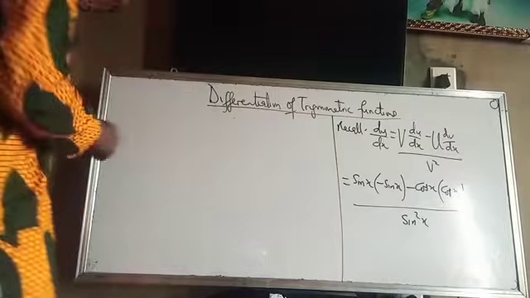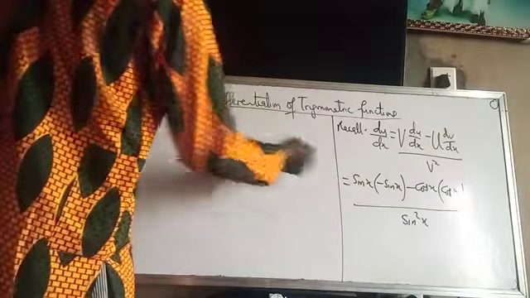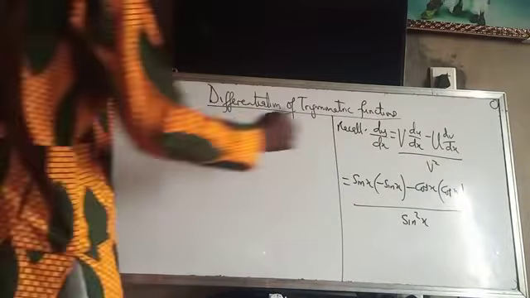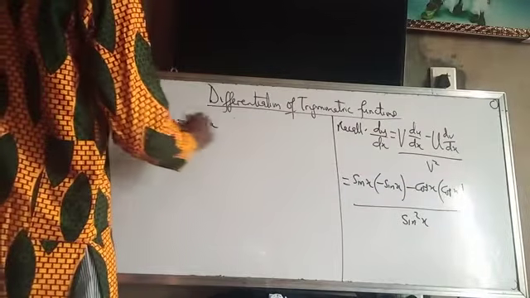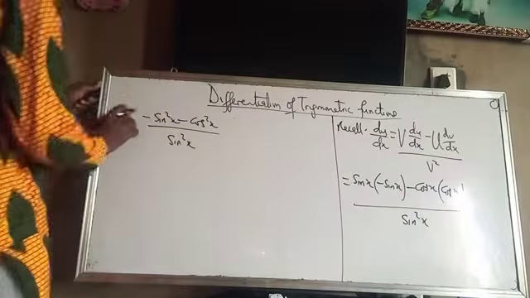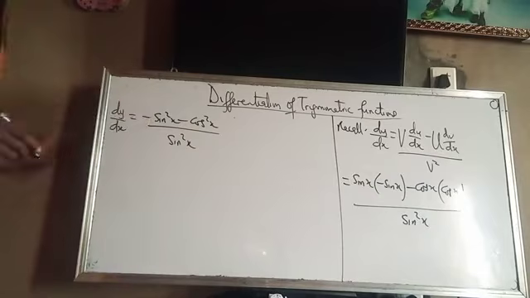By the time you expand this, we have minus sine square x minus cos square x all over sine square x. That is dy/dx. Okay.